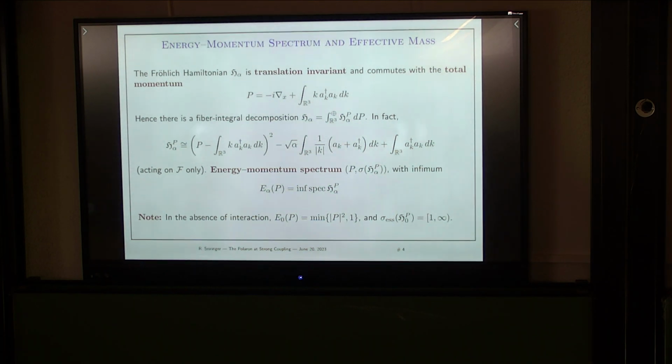Namely that the E alpha, so if you turn on interaction, E alpha of 0, which will still be the lowest point in this curve, this will be order alpha squared with a minus, so this will be very negative. This thing, however, will still be 1, so there will still be a gap of exactly 1 between the ground state energy and the essential spectrum.